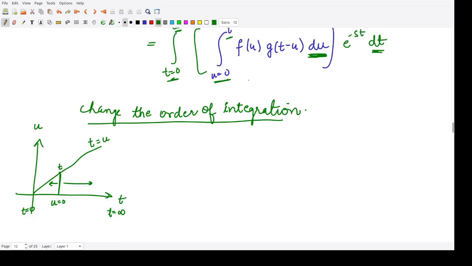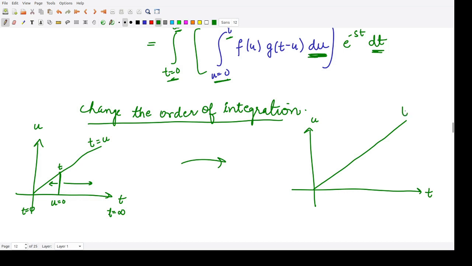But now we want to change to another order. That means firstly we will take the limits of t instead of u, and then we will take the limits of u. So this curve is t is equal to u. Now instead of taking this vertical line, we will take this horizontal line. For this horizontal line, what is the value of t?